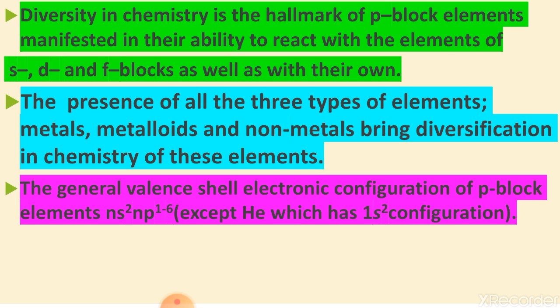You also know that the capability of p orbitals is to have 6 electrons. So that's why p block contains 6 groups, starting from group 13, group 14, group 15, group 16, group 17 and group 18. But dear students, in class 12th you only have to know from group 15 to group 18.